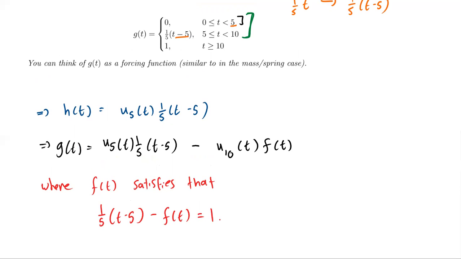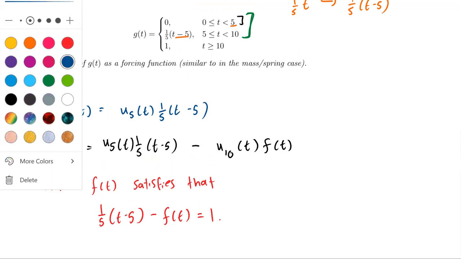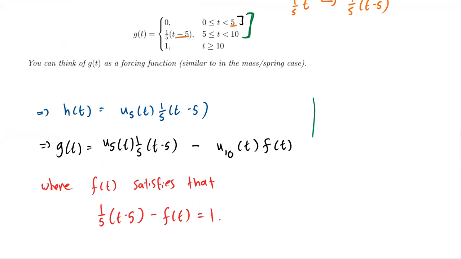And this is the idea. Notice that this works because, again, I already said it, but let me just write it. For t greater than or equal to 10, what is g of t as we have it right now? By definition, g of t is going to be this. Why? Because u sub 10 of t is 1 on this interval, and so is u sub 5.